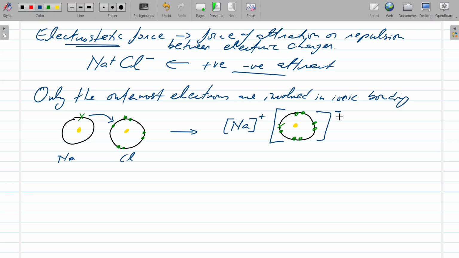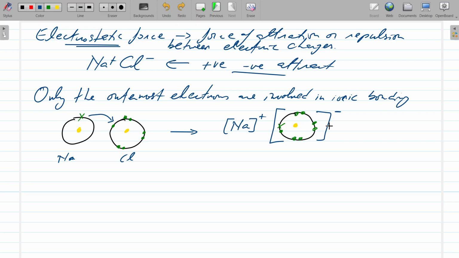Now, why did we do this? This is simpler, and this is basically how you want to draw it: the simplified version showing only the outermost shell with the outermost electrons.